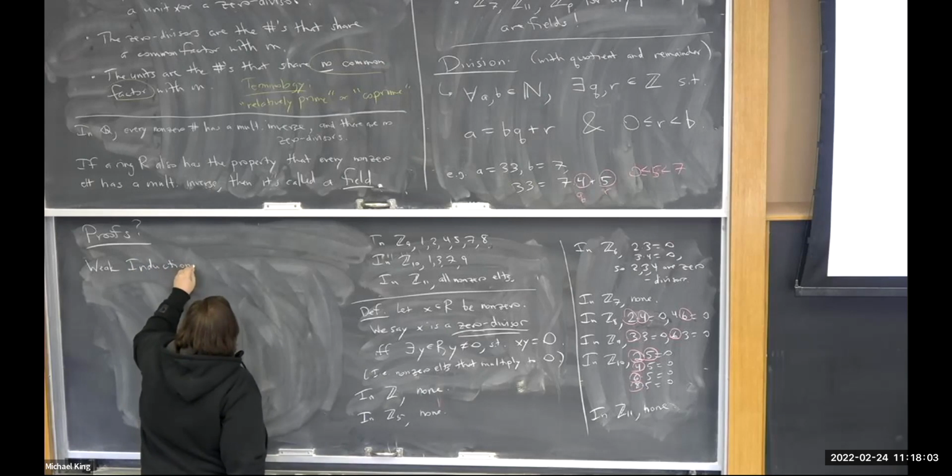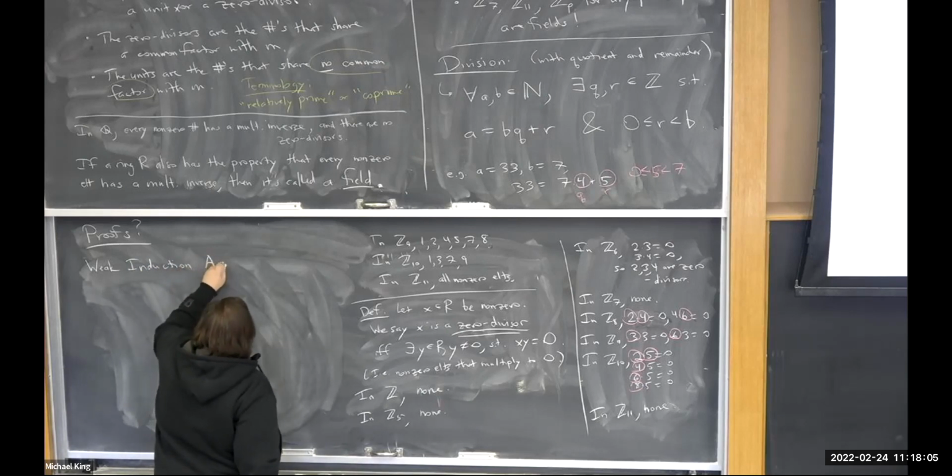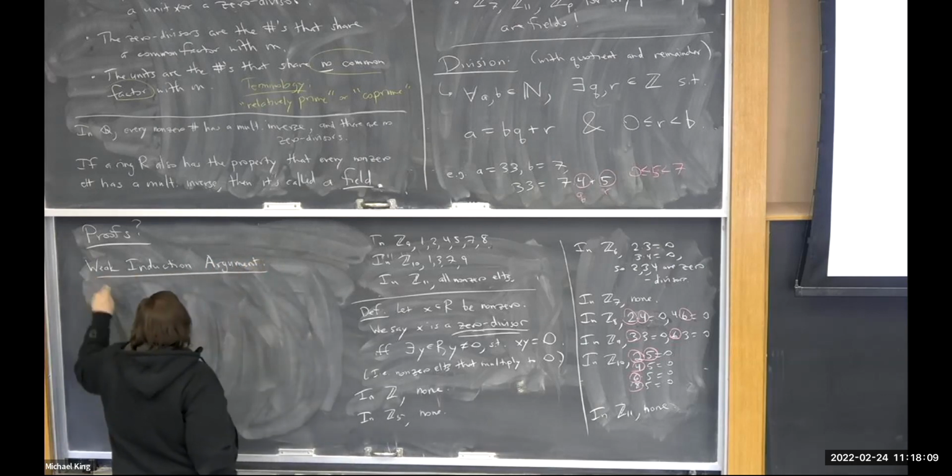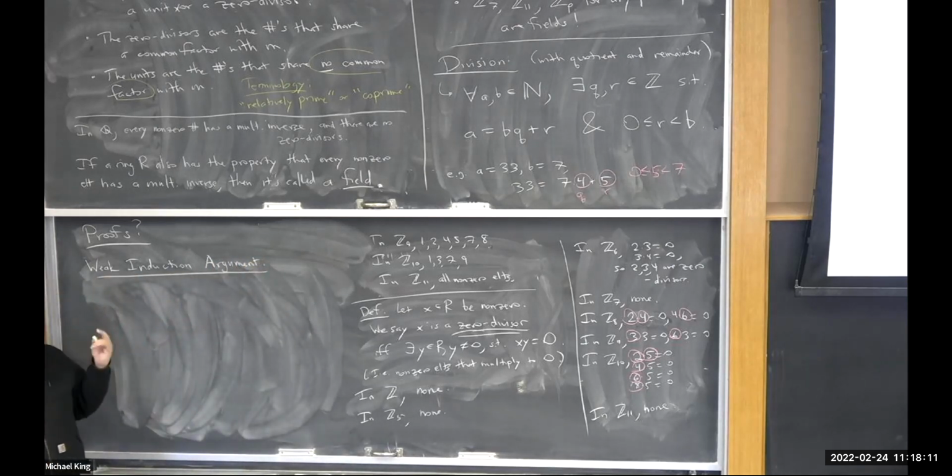So that's when I want to go from one case to the next, like from K to K plus 1. And the idea for the two induction arguments is you're going to fix B and induct on A. Just pretend that B is a fixed number, and we want to prove that every A can be divided by B to get a quotient and remainder.